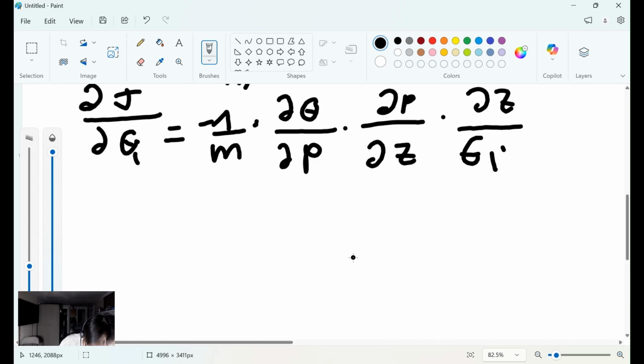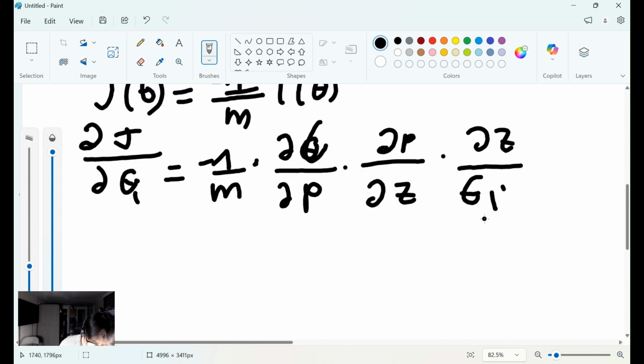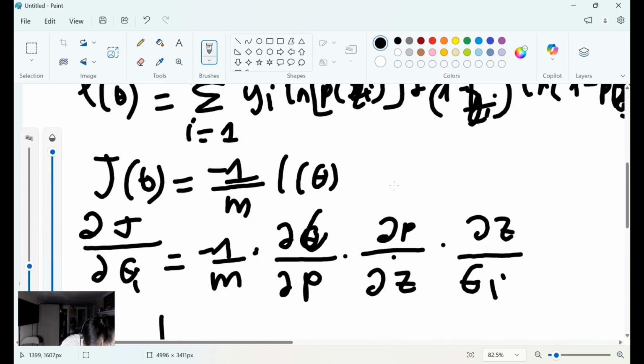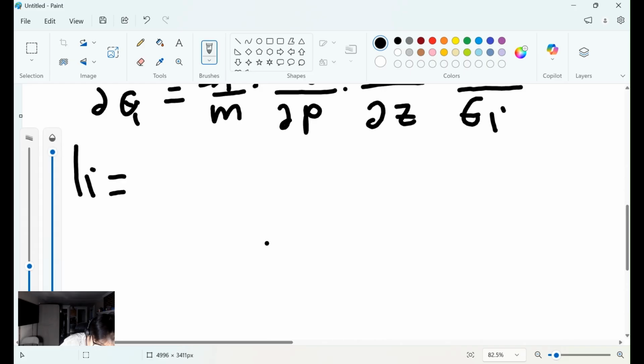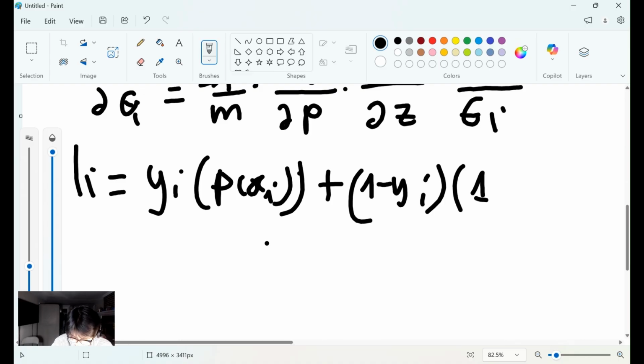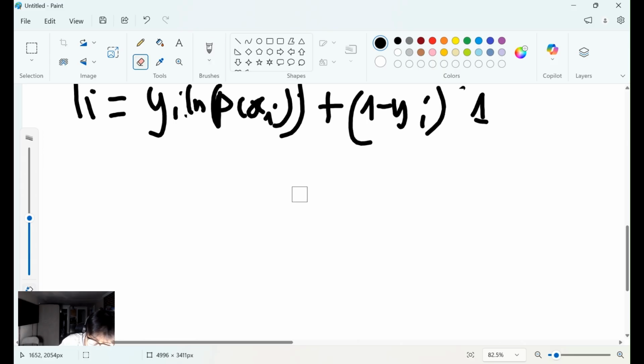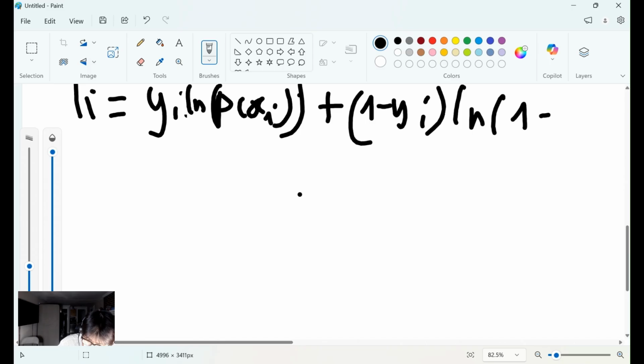So for any L of i over p, L at any position i equals yi multiplied by the logarithm of p of zi, the sigmoid function, plus 1 minus yi multiplied by, I forgot the logarithm right here, my bad, the logarithm of 1 minus p of zi. That's it.